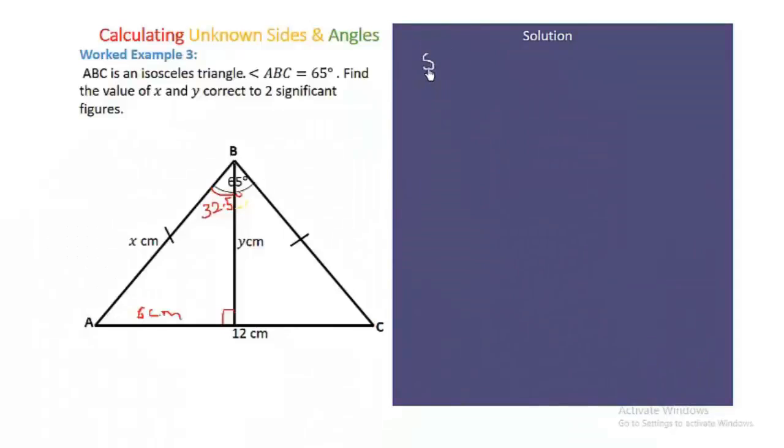So we use a trig ratio that involves opposite and the hypotenuse. So that is sine. Sine 32.5 degrees will be equal to the opposite, which is 6, over the hypotenuse, which is x centimeters. So we make x the subject to obtain 6 over sine 32.5.